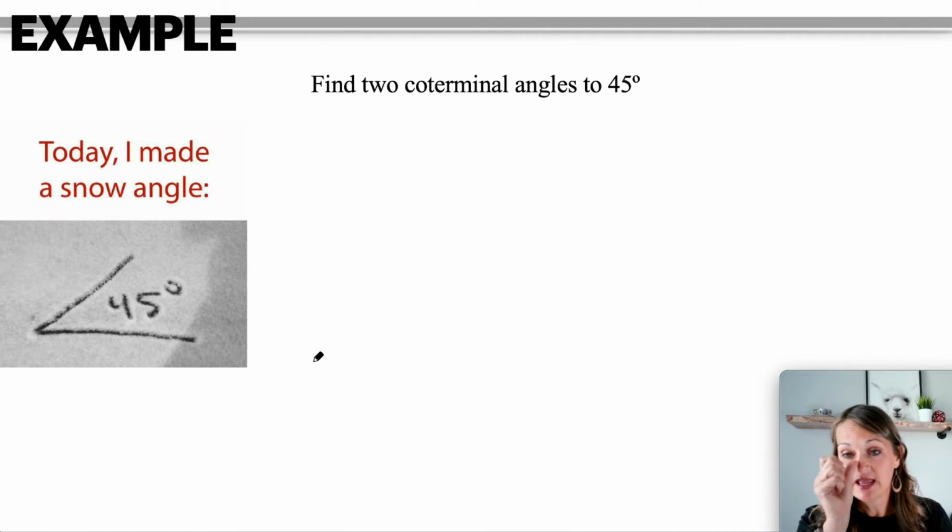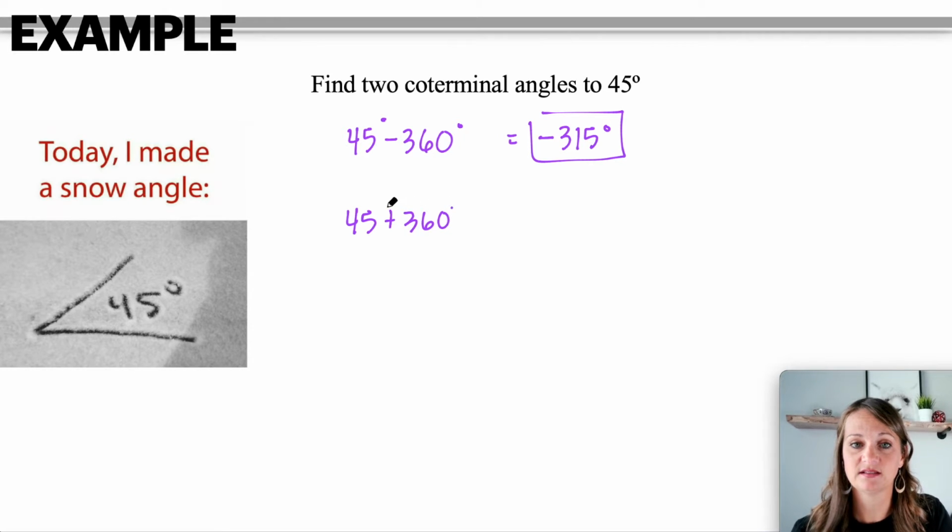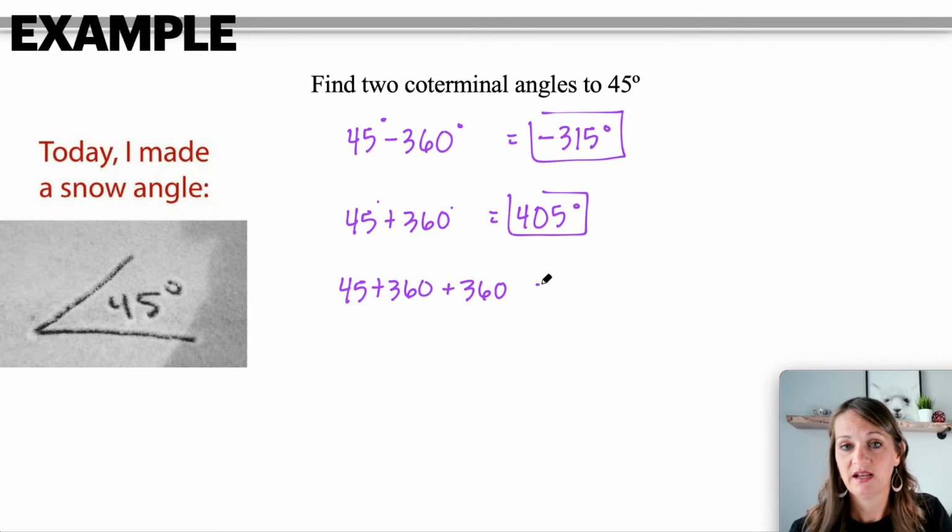So for example, if I want you to find 2 coterminal angles to 45 degrees, the simplest way to do it is to first subtract 360 degrees, which would give you negative 315 degrees. Another way is to add 360 degrees, which would give you 405 degrees. If you wanted to keep going, you could add 360 degrees twice, and you would have gotten 765 degrees.